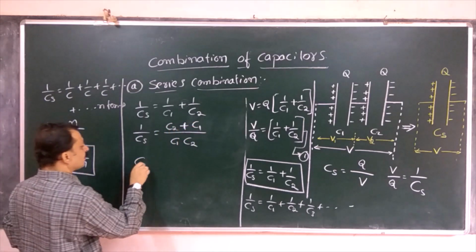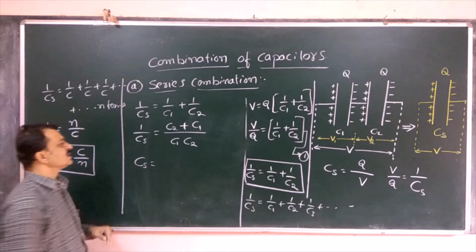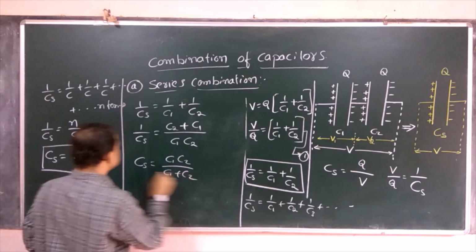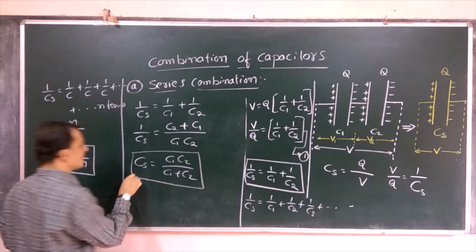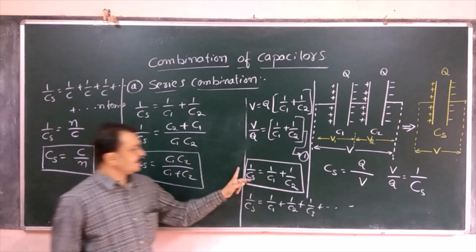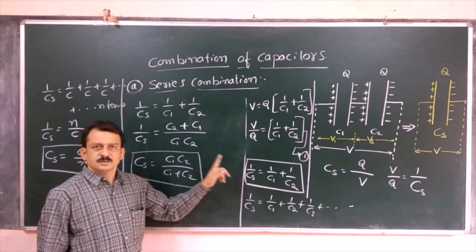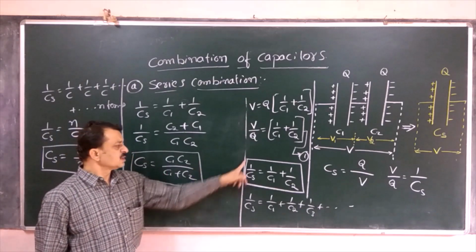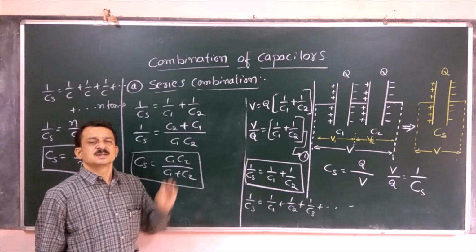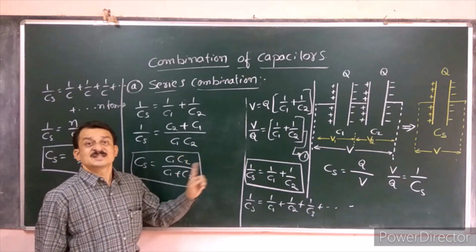Therefore the equivalent capacitance Cs is equal to C1 C2 divided by C1 plus C2. Now let me define the expression for effective capacitance. In case of series combination, the reciprocal of the effective capacitance is equal to the sum of the reciprocals of the individual capacitances.